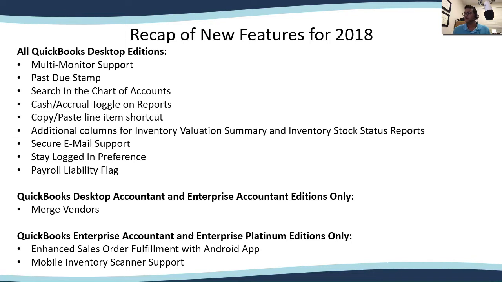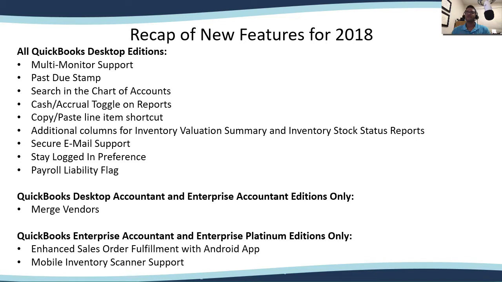The new QuickBooks 2018 brings multi-monitor support, a pass-through stamp on invoices that can be turned on or off, search in the chart of accounts, a quick toggle between cash and accrual, a keyboard shortcut for copying and pasting lines inside transactions, additional columns on the inventory valuation and stock status reports, finally secure email support for Gmail and Hotmail users, the ability to stay logged in for up to 90 days so you don't have to enter your password each time you go back into the company, and a new payroll liability flag that lets the user know there's an upcoming scheduled payroll liability.